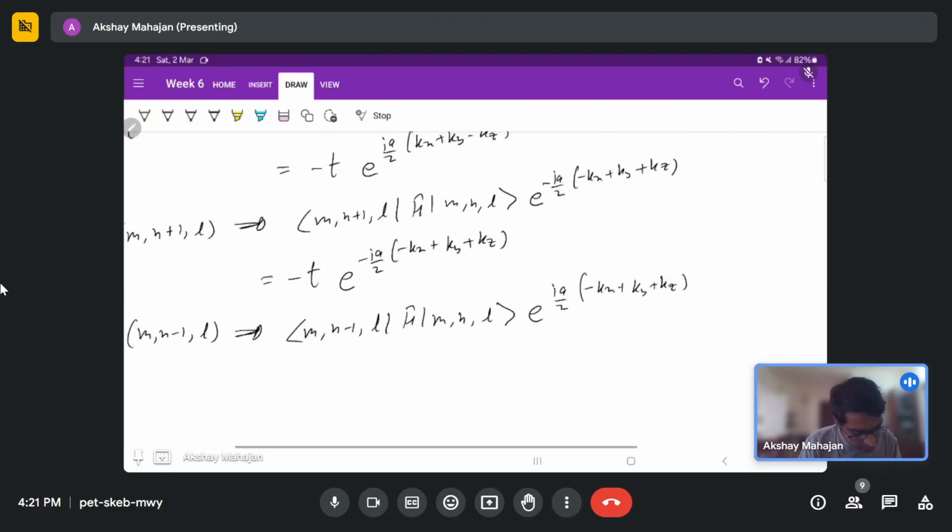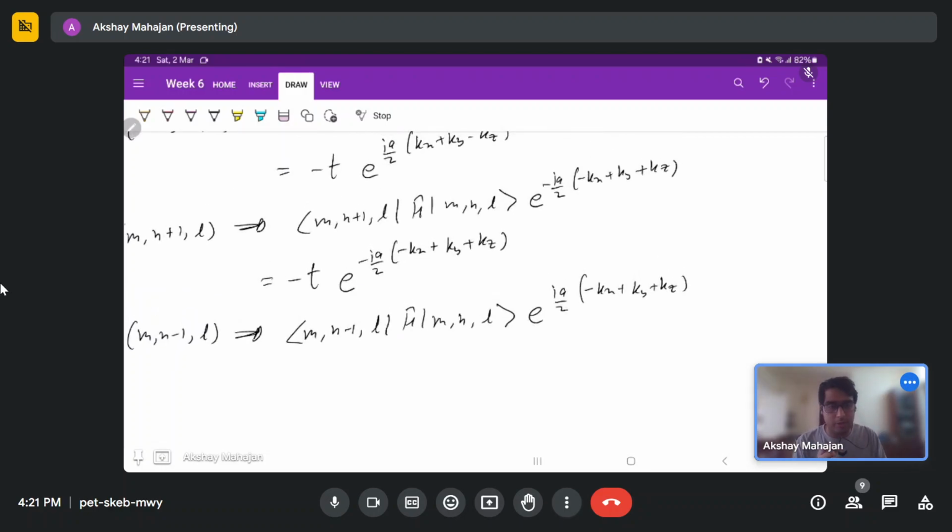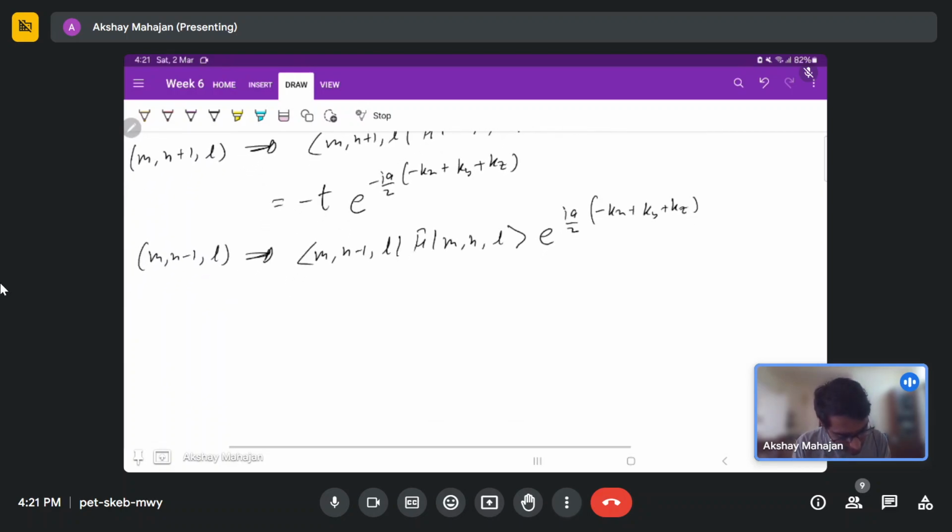This is the same term, but now with a positive sign here, because we have n minus 1. We have minus t e to the power iota a by 2 minus kx plus ky plus kz.